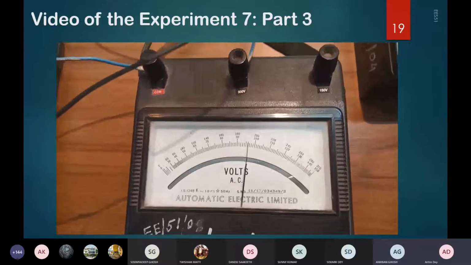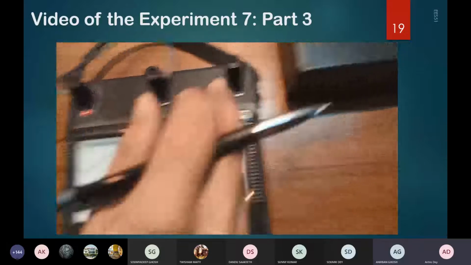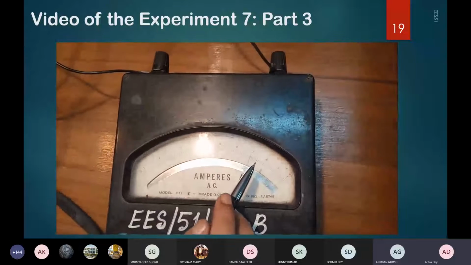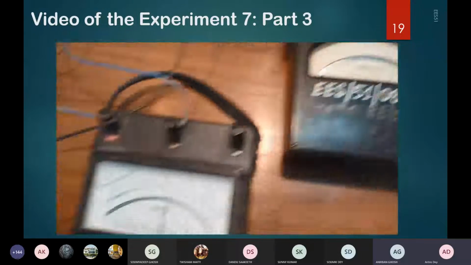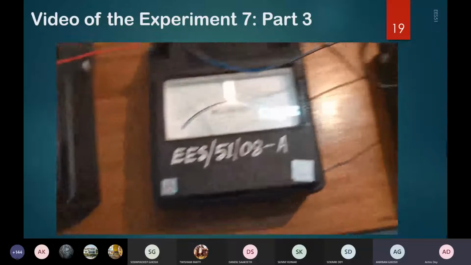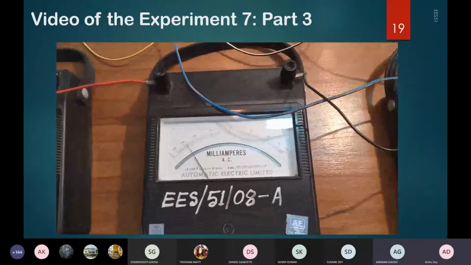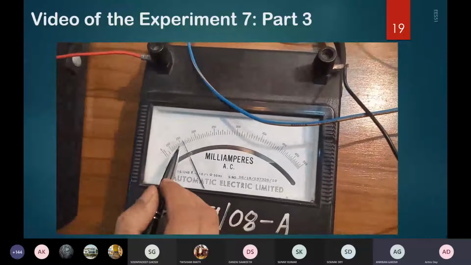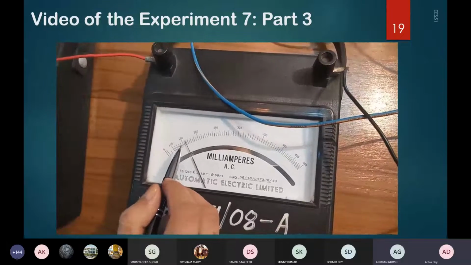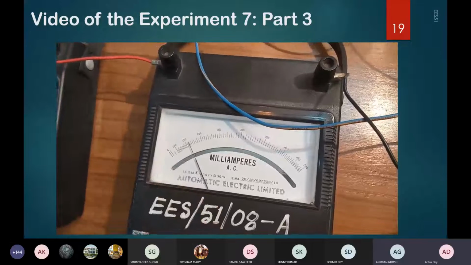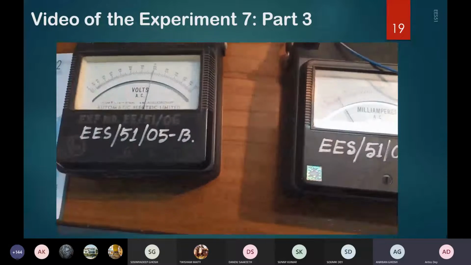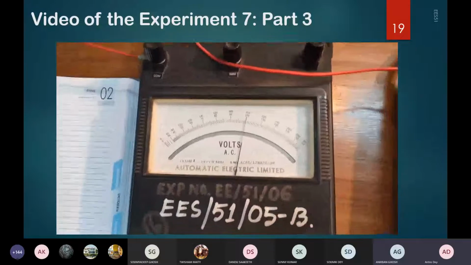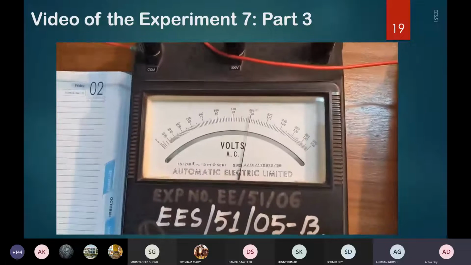We only have to note down the ammeter reading. For the tungsten it is a little less than 0.7, so let us take 0.69, and for the carbon it is a little less than 165, so around 163 we can take. In that way we keep on reducing.